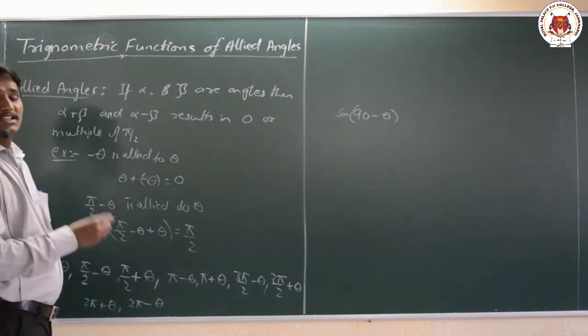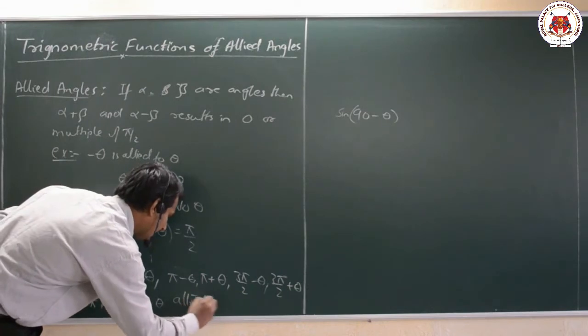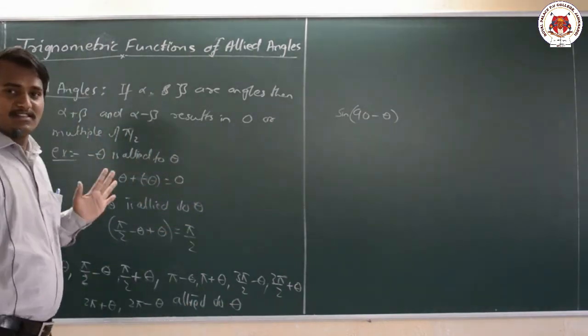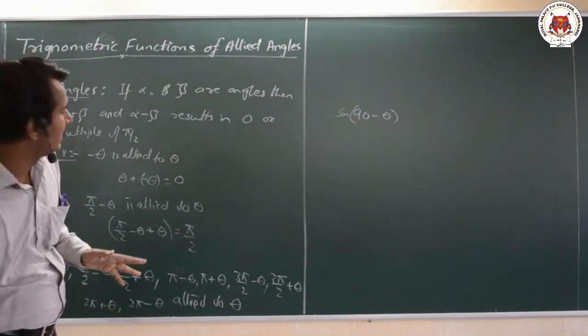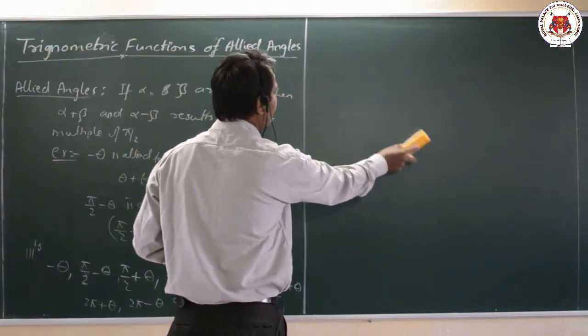These are all nothing but allied to angle theta. So therefore we call them allied angles. Is it clear, everyone?